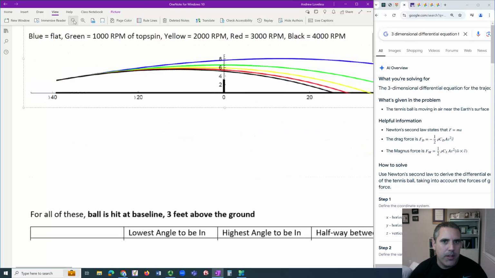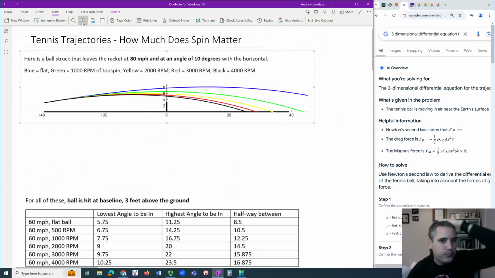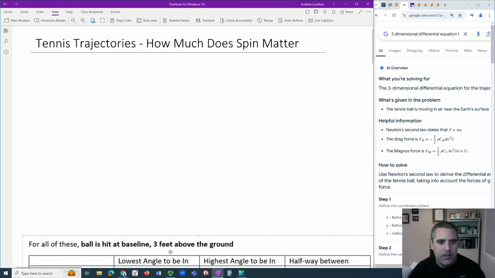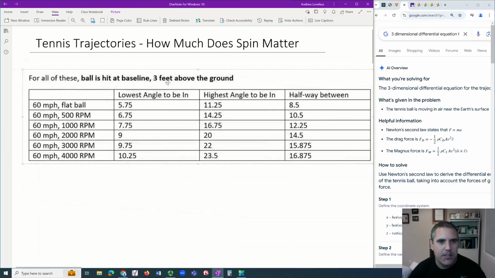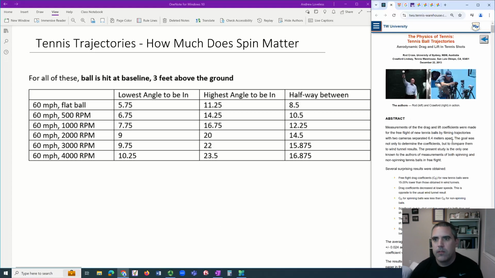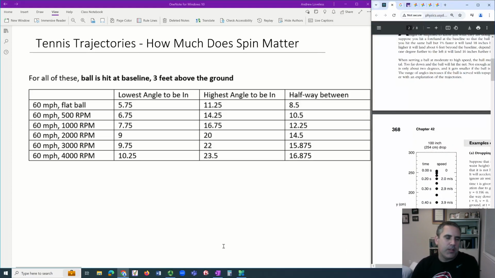At the time, the person I was playing with and I were sharing these things, so we were trying to come up with questions. That was the first one, which I thought was kind of cool. The second one is I did a bunch of analysis on things like this, where I said, I'll pull this up and talk about this in just a second. I was like, well, what if you hit a ball 60 miles per hour and it's flat? What's the lowest angle where it will clear the net?